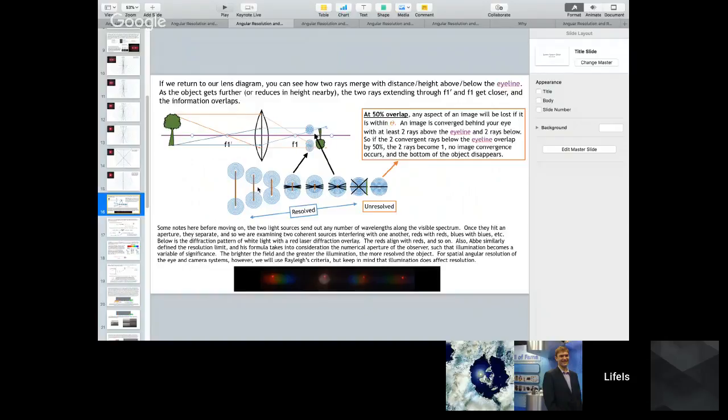And what happens with these Airy patterns within these two light rays, as they get closer together, they start to merge into one, okay? What I would argue is that when this point occurs is when your brain says, I don't have contextual information to create an image from this point. I don't have a second ray with which to create an image, and an image is not formed.